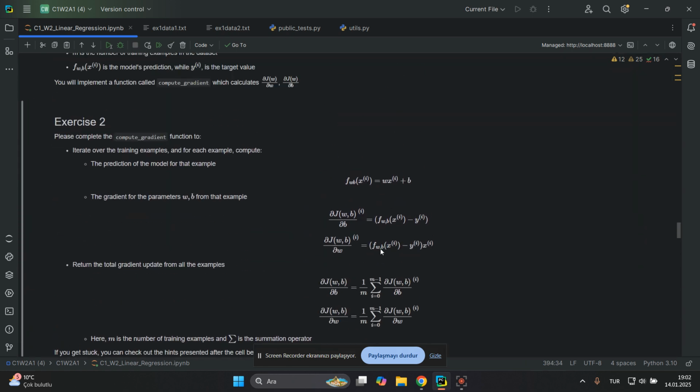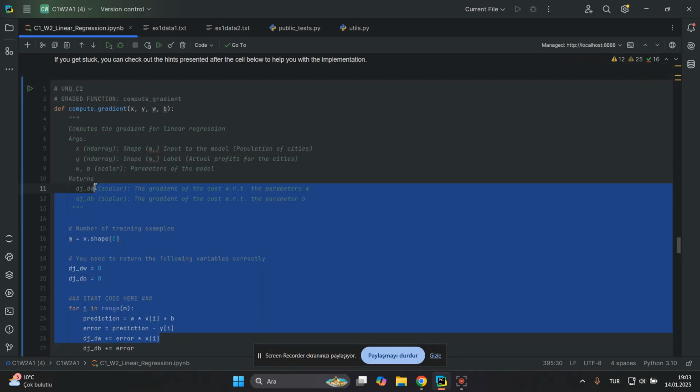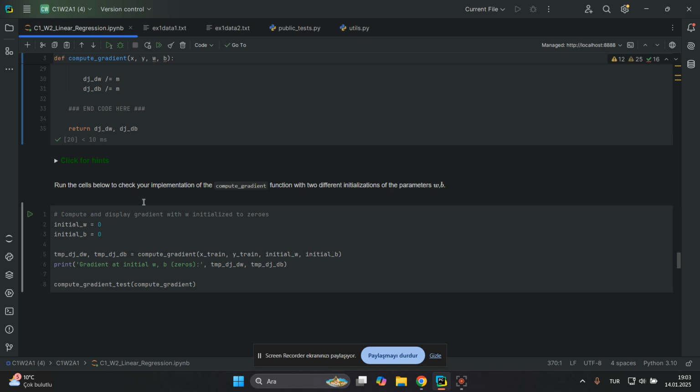This is the error for the second part of it. We are taking this one and this one minus y, and this was the zeros, and we are using the error times x, finding it at every step like that. Actually, I explained about it.